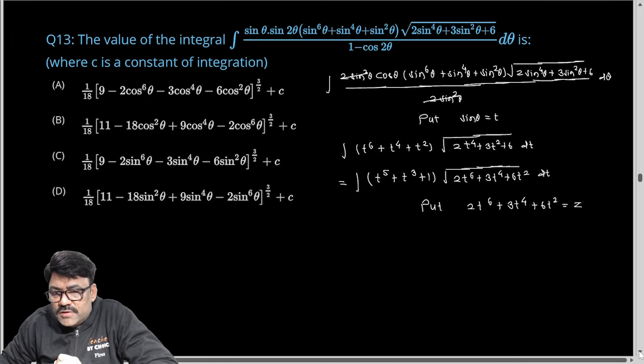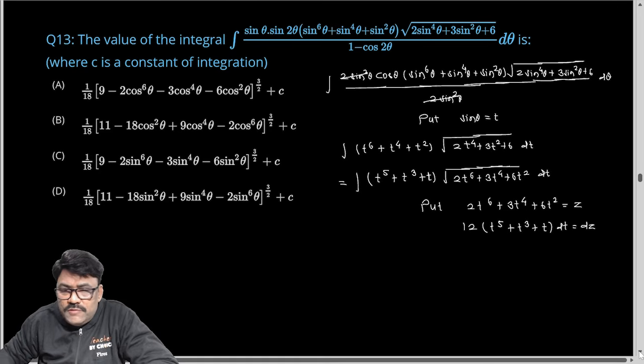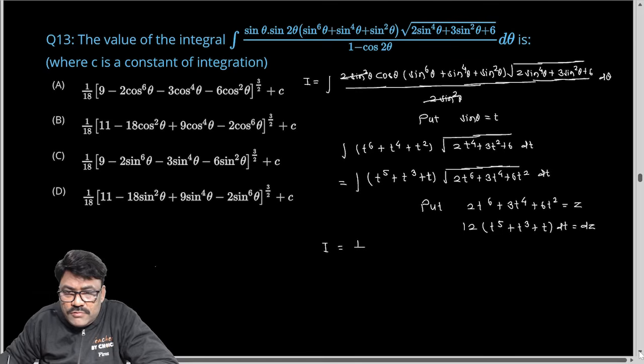So then I will get 12 times t raised to 5 plus t raised to 3 plus t, actually it is t here, I've taken one t common, dt equals dz. And once this is done, let me call this integration as I. Hence your integration is now 1 by 12 integral of z raised to half dz.